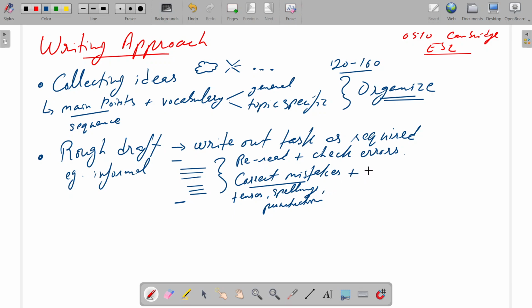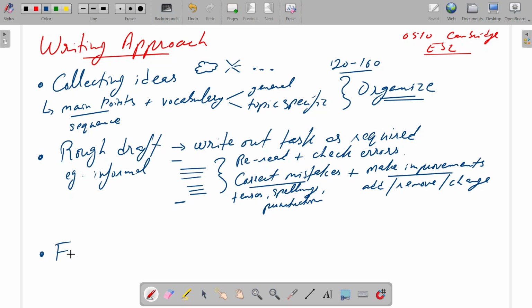You're going to correct mistakes and you're going to possibly make improvements. You're going to read it and you're like, maybe I can change this to make it better, right? So maybe you want to add something, maybe you want to remove something, or change it. Either you want to remove it entirely or you want to remove that and put something else in its place. That is the approach.